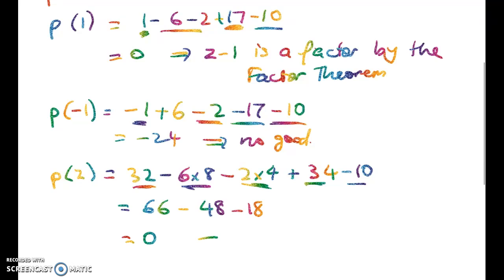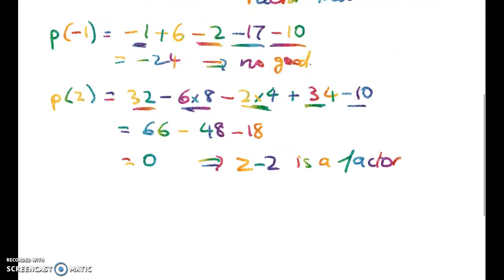Yay, I've got 0. So z minus 2 is a factor. Now that means I'm going to get down to the quintic being the product of a quadratic from those two factors and then a cubic. And that's probably as far as I'd go.